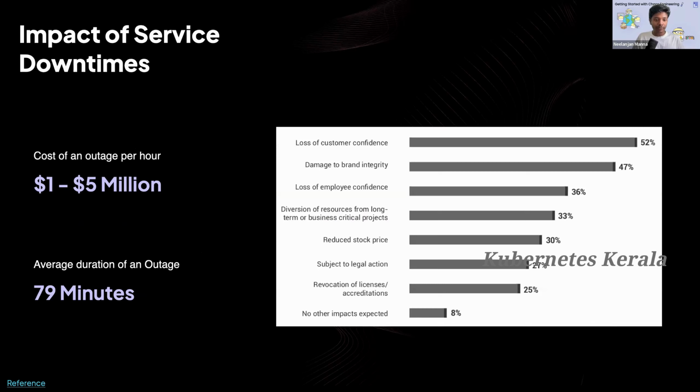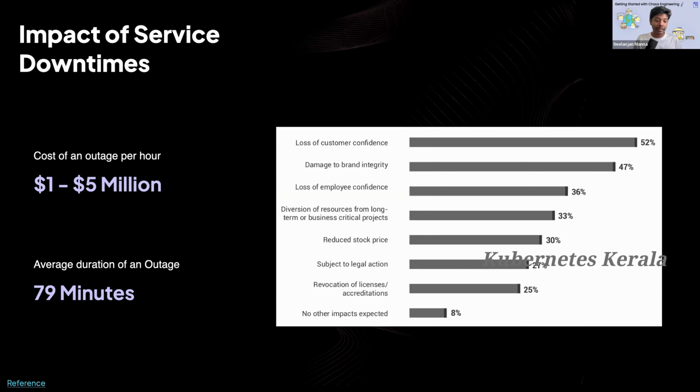According to ITIC, in 2020, 1 in 4 enterprises indicated that a single hour of downtime can cost their firms anywhere between $1 to $5 million, exclusive of any legal fees, fines, or penalties. But the impact cannot solely be measured in cost per hour.